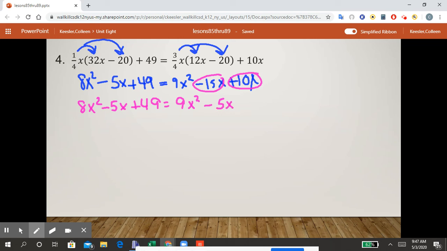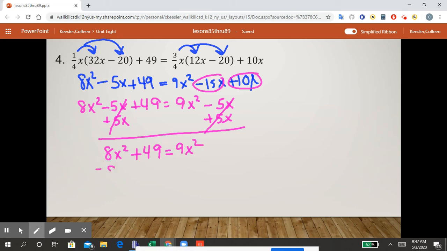Then we see on the opposite sides negative 5x on both, so we can add 5x to both sides, which cancels those out, leaving us with 8x squared plus 49 equals 9x squared. Then we can subtract 8x squared from both sides. So 49 equals 1x squared.